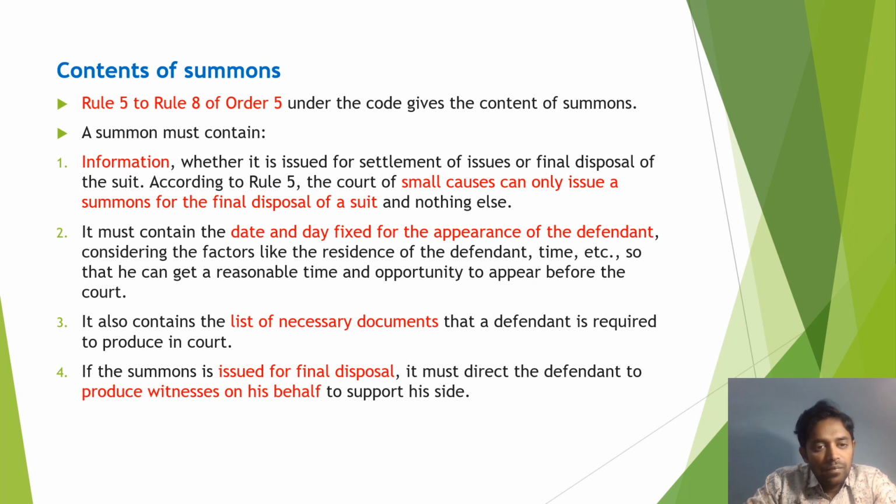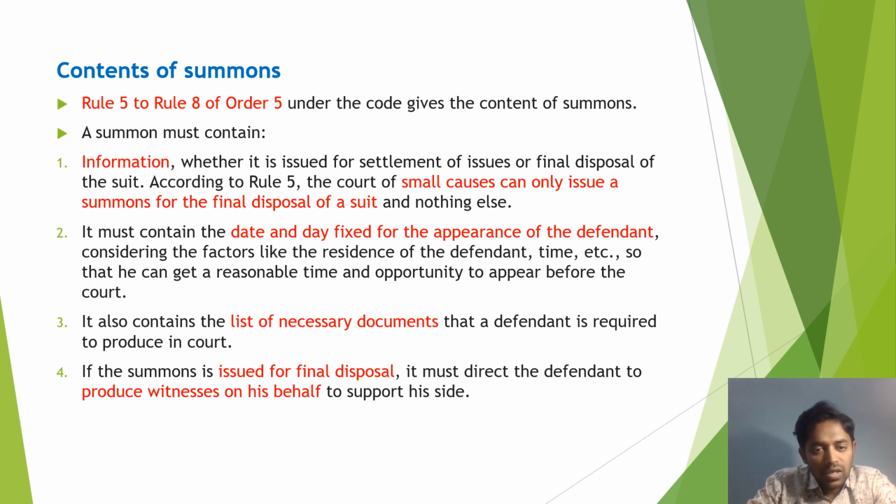Contents of the summons. Rule 5 to Rule 8 of Order 5 under the code gives the content of the summons. A summons must contain information whether it is issued for settlement of issues or final disposal of the suit. According to Rule 5, the court of small causes can only issue the summons for the final disposal of a suit and nothing else.